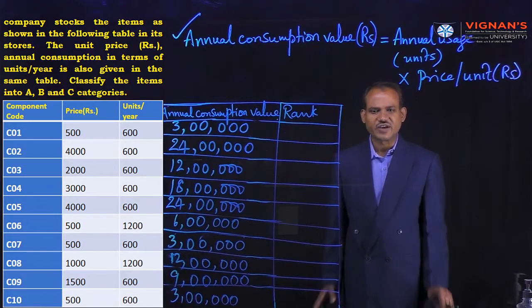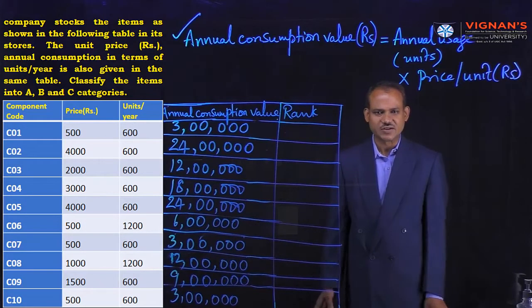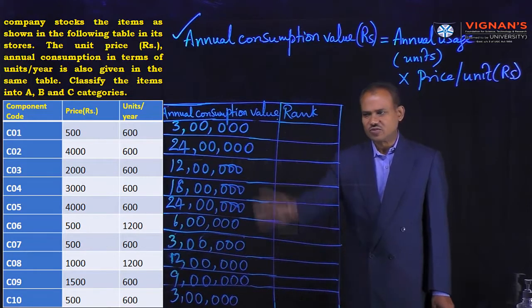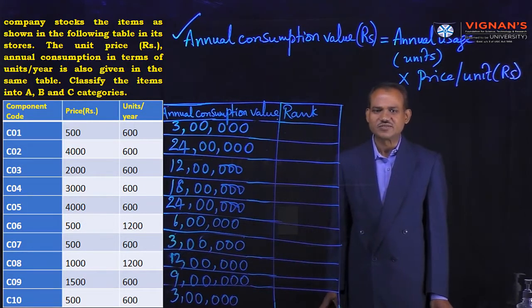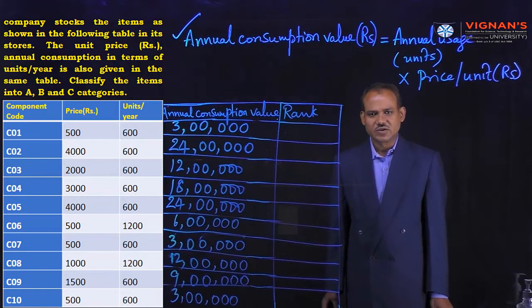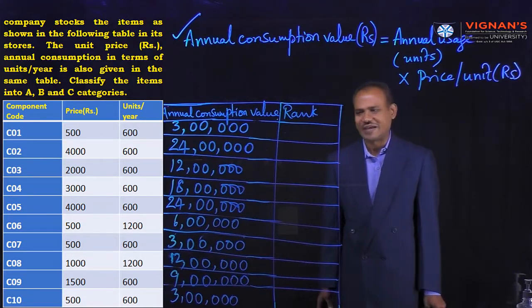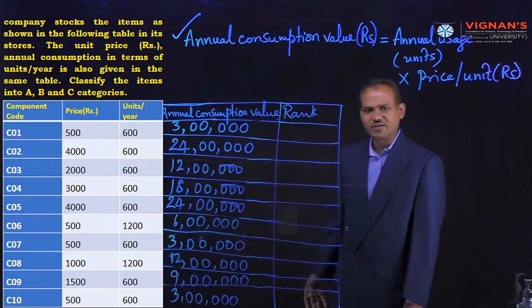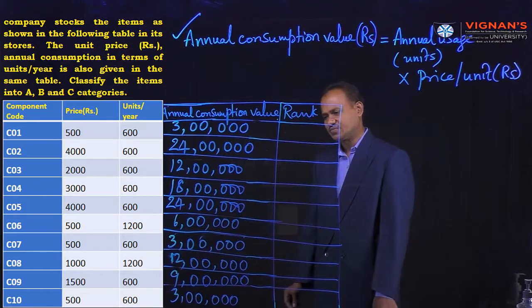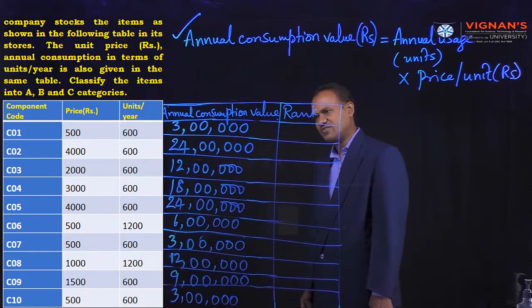On what basis? For example, out of 10 components, which component has the highest annual consumption value? Give first rank to that highest value. Observe the obtained values. What is the highest value among all the 10 components?